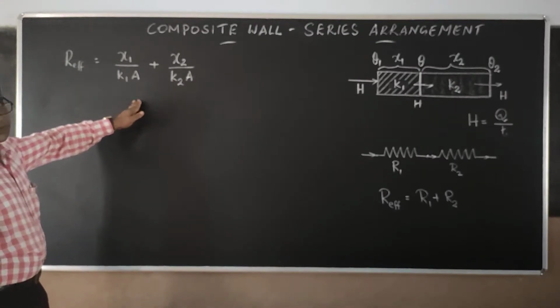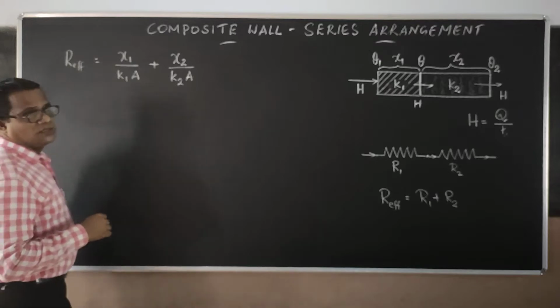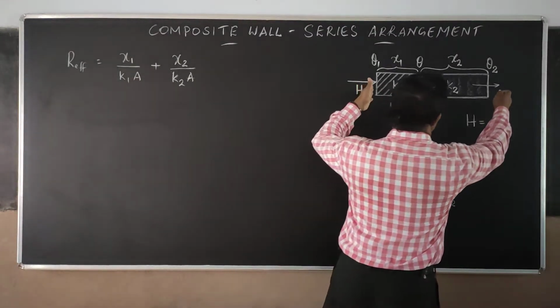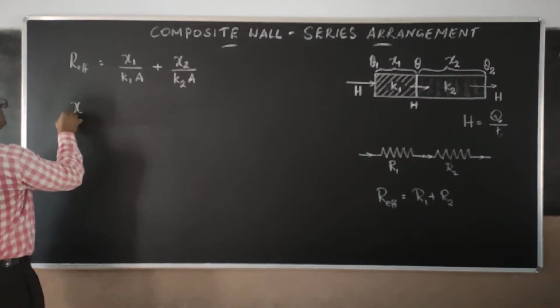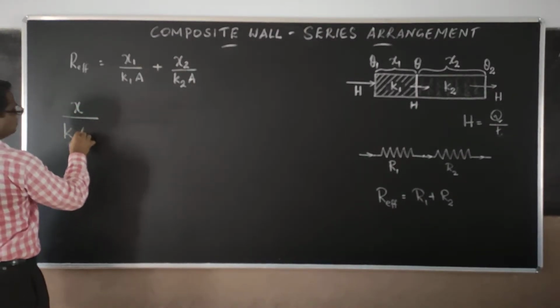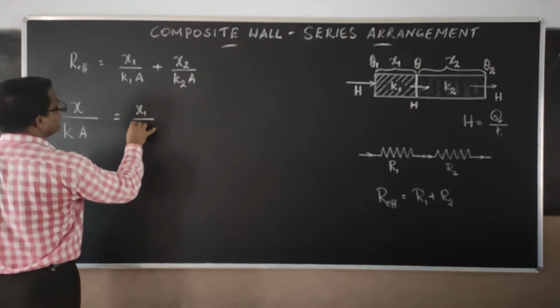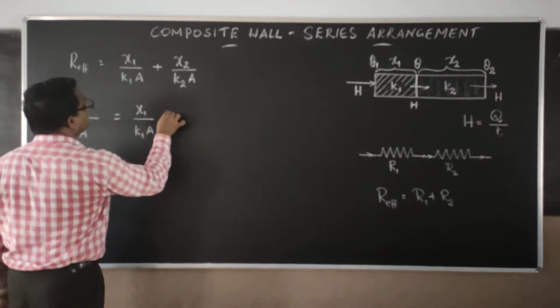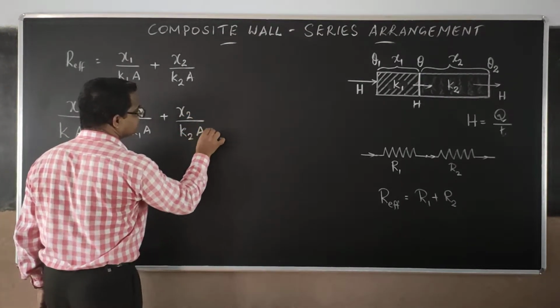If I take that together, I can compare this with X divided by K A, which will be equal to X1 by K1 A plus X2 by K2 A.